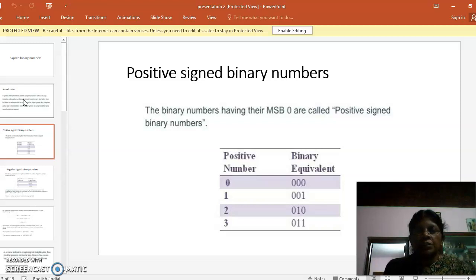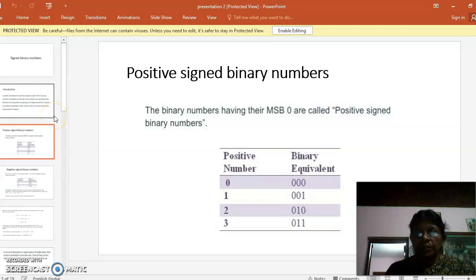First we'll see about positive signed binary numbers. Binary numbers having their MSB, that is the most significant bit, as 0 are called positive signed binary numbers. Here the positive signed binary numbers are highlighted in this diagram.